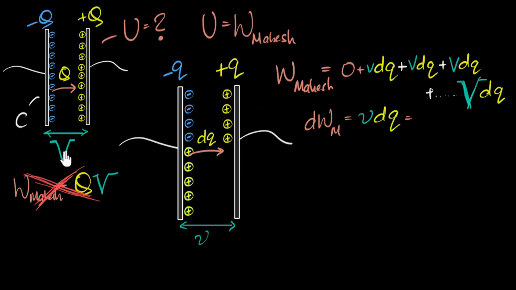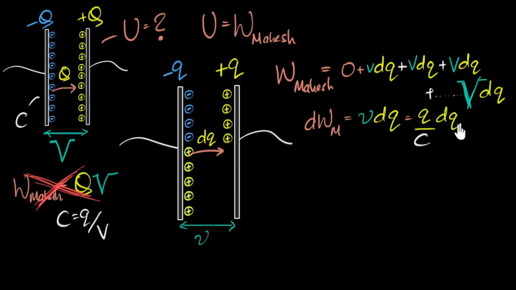So let me write that down. Capacitance is charge by voltage. So at any point, voltage equals charge divided by capacitance. So my voltage at this point should be the charge right now divided by capacitance.